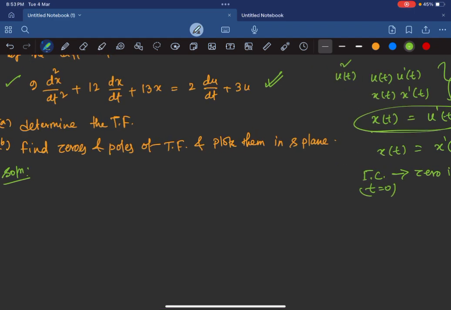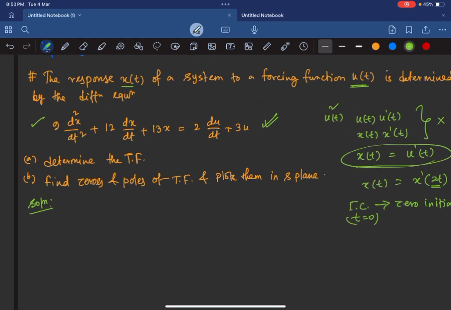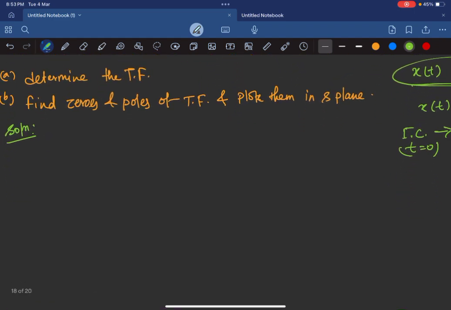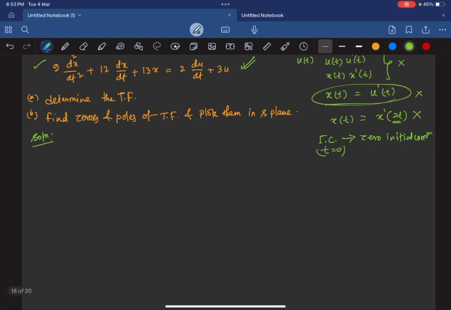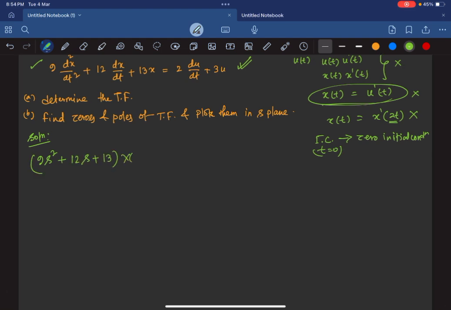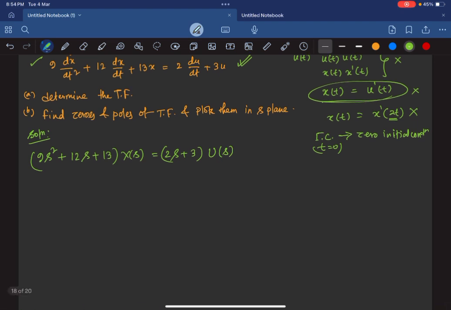Now if you are applying Laplace on both sides with the initial condition 0, so what you have: 9s square plus 12s plus 13, here you have X(s), here you have 2s plus 3, here you have U(s).